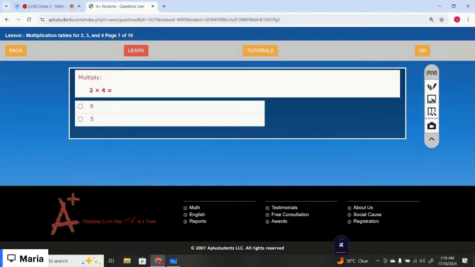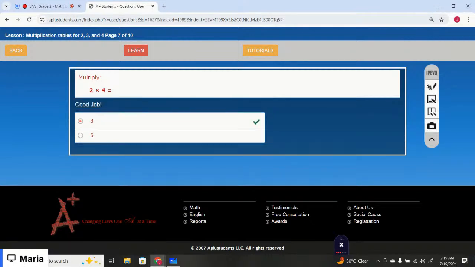The next one is 2 times 4. So which is the correct option? 2 times 4 is 8. Option number 1 is the correct option.